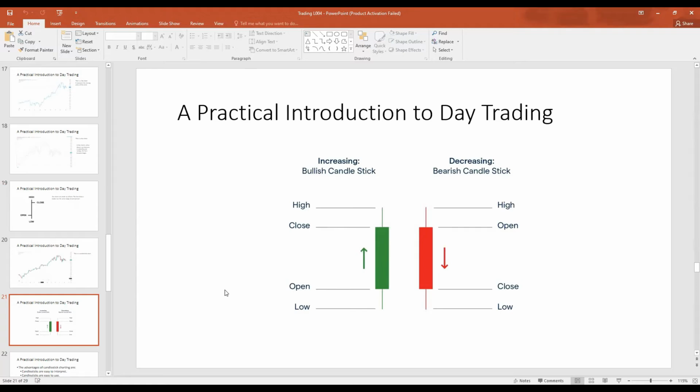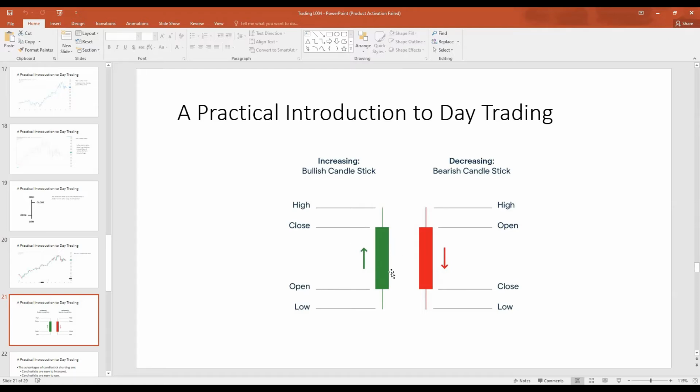Green candles suggest the price of the asset is going up. Red candles suggest the price of the asset is going down. This was the opening price, this was the closing price. This was the highest price, this was the lowest price.